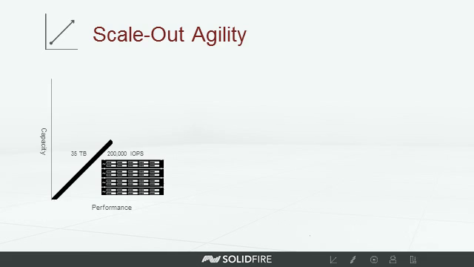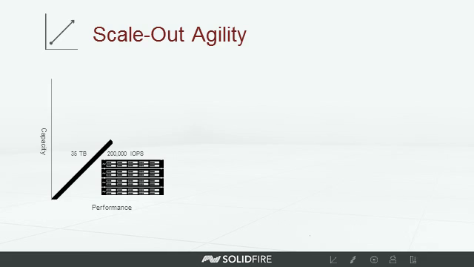So first, let's talk about scale out. Like we talked about, from a cluster standpoint, we can start with as few as 4 nodes. In this case, we're using nodes that provide roughly 50,000 IOPS per node. So when we have that original cluster, what we've got is 35 terabytes of capacity. We've got 200,000 IOPS, right?